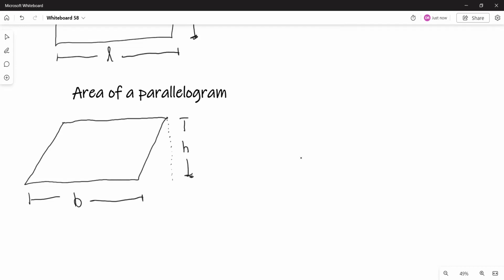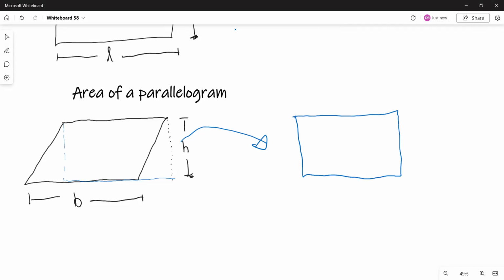Okay, so this parallelogram has a given length and a given height. If we want to find a formula for the area, what we can do is make a rectangle with the same dimensions. At the end, we have a rectangle with a given base and a given height.